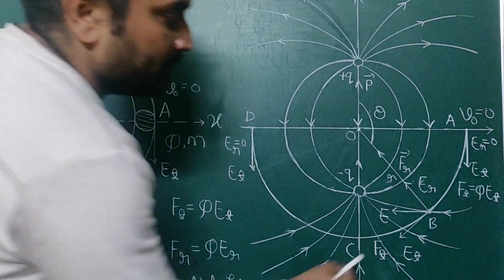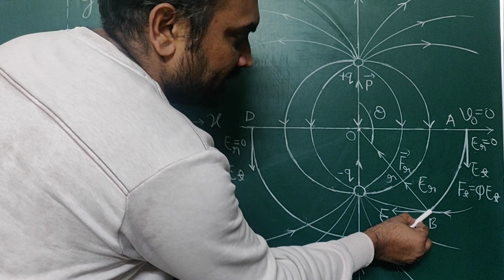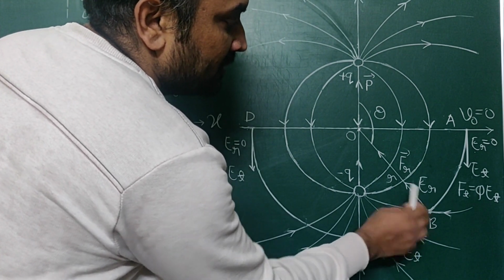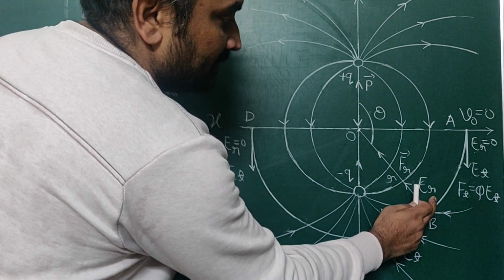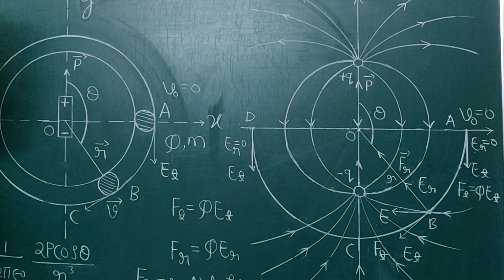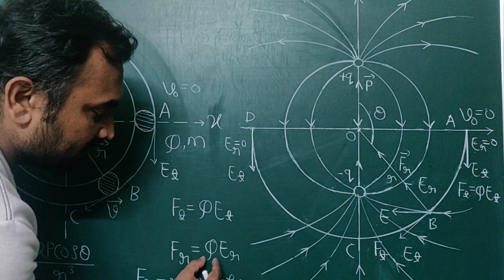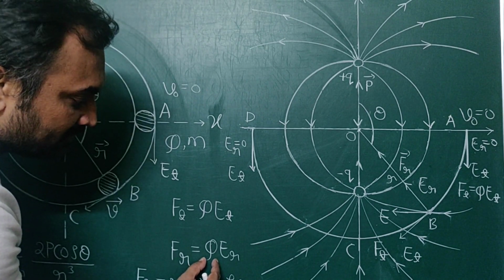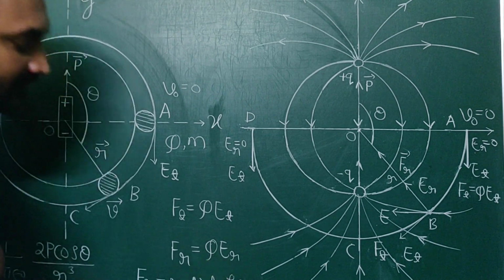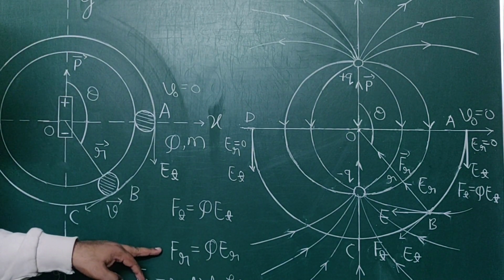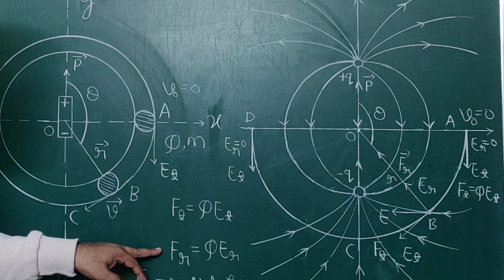Now, when the bead reaches point B, it will experience a force under the action of the radial component of the electric field, which is given by the product of the magnitude of the charge of the bead and the radial component of the electric field, and this force is called the radial force.